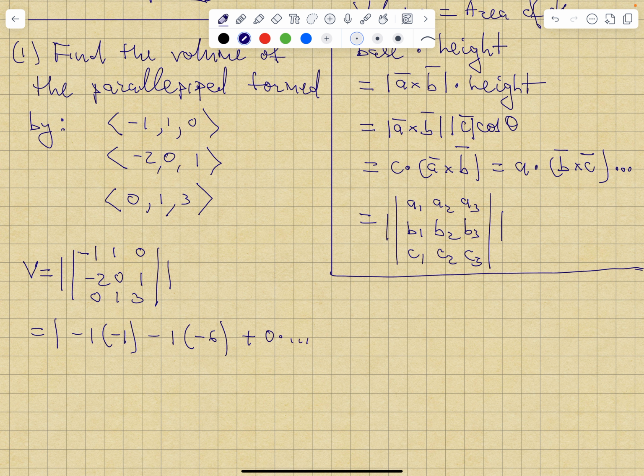I don't really care about something because I'm multiplying by 0. And finish the absolute value. And so what this is, then, absolute value of +1 plus 6, absolute value of 7. So volume is 7.